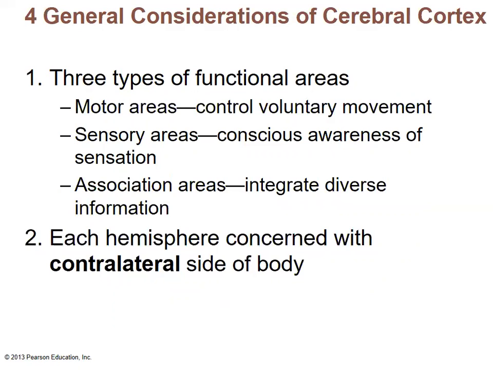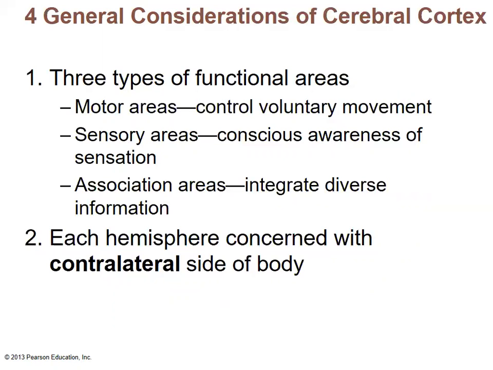within the body. The sensory areas is going to be more concerned with your conscious awareness of sensation. It's the area of the cortex within the parietal, the insular, temporal, and occipital lobes. So it's what allows us to be aware of the sensations of our body. Association area is actually divided into three parts. We have an anterior, a posterior, and a limbic.